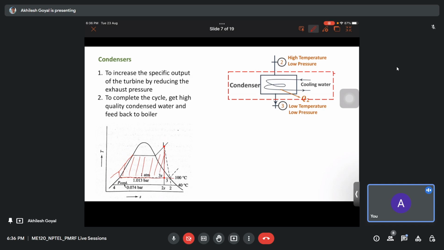But as we use cooling water at atmospheric temperature, suppose 40 degrees centigrade, if we are exiting the steam at atmospheric pressure, then we have to exit that steam at 100 degrees centigrade.